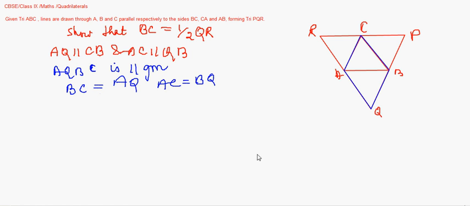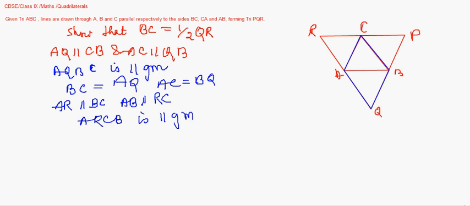That's one thing. Similarly, we can see that AR is parallel to BC and AB is also parallel to RC, thereby making ARCB a parallelogram.